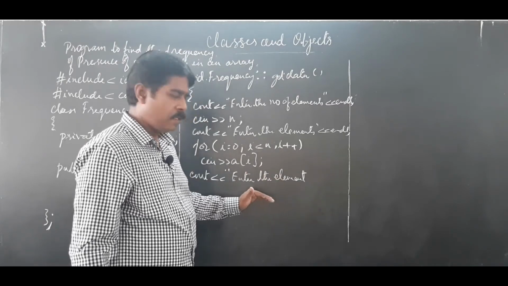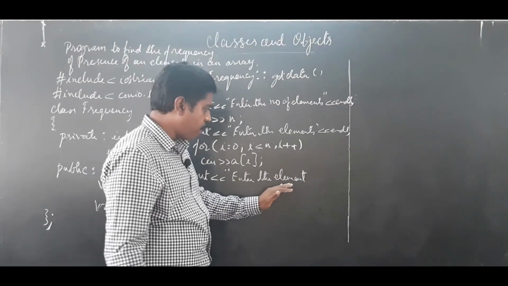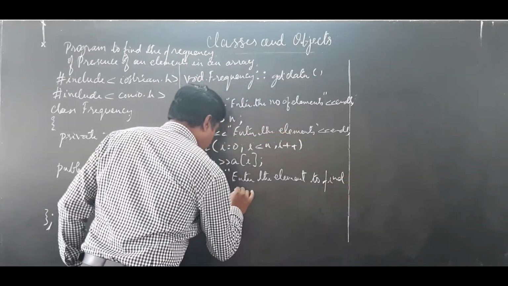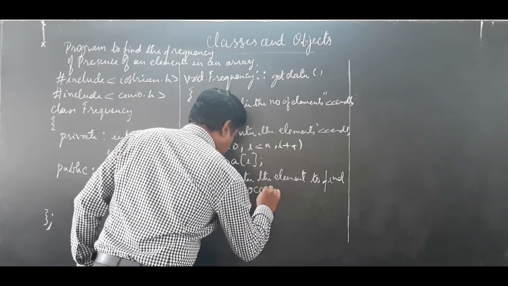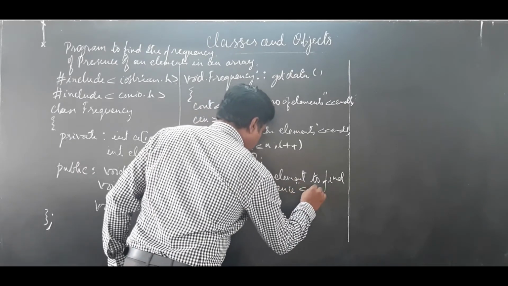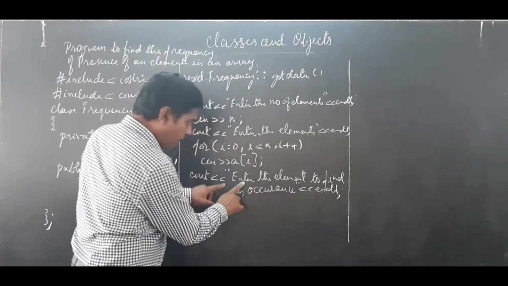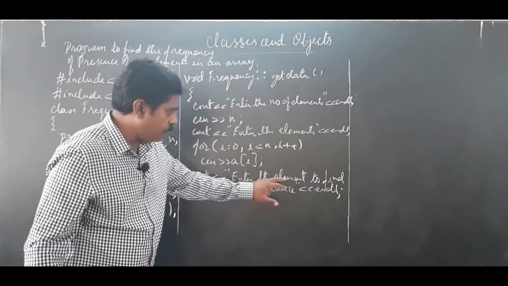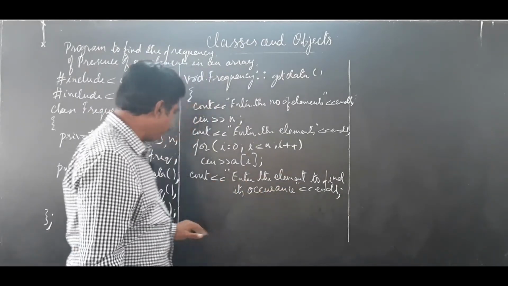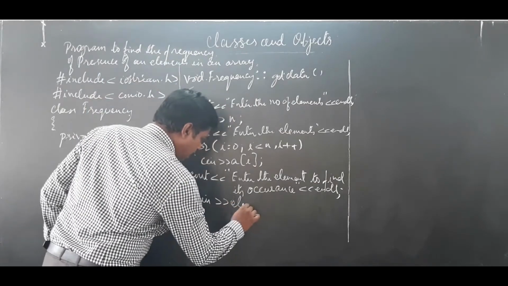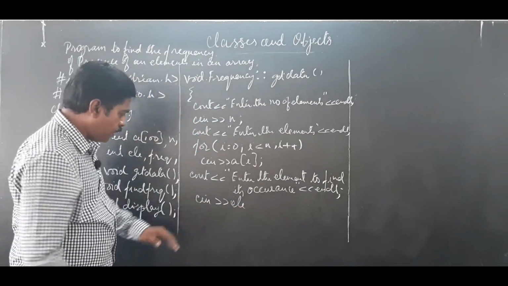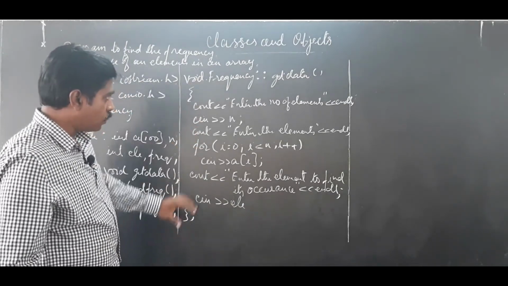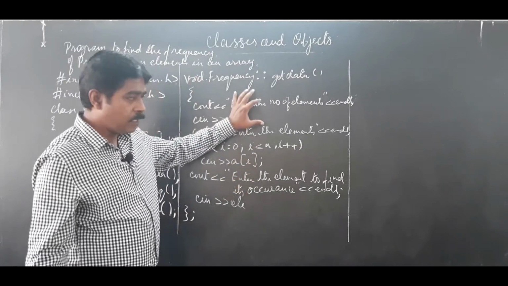It is also right, but I am going to write here as enter the element to find its occurrence, endl. I have written in 2 lines here, please cross check. So this element will be taken in cin ele, and then I close the get data member function. This will be about the input part.